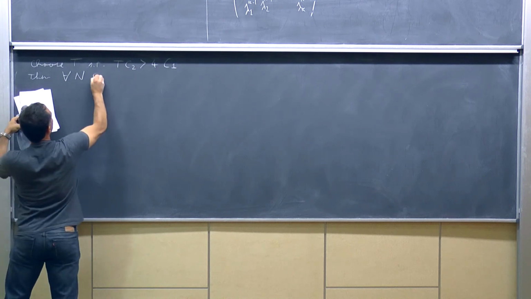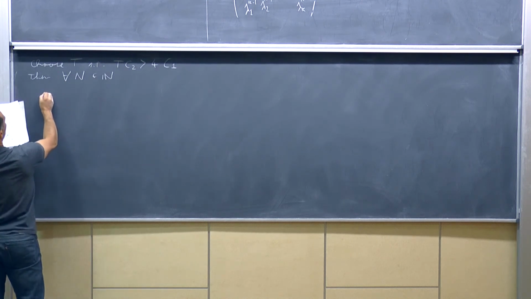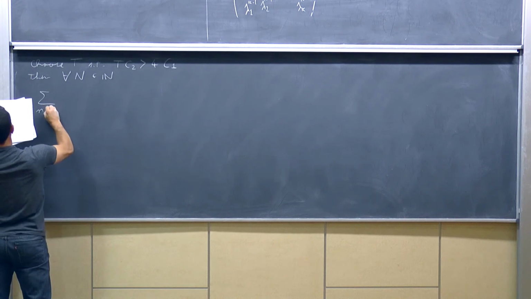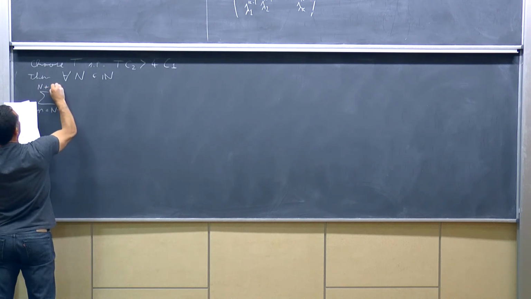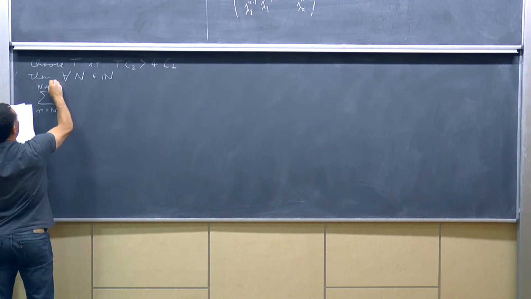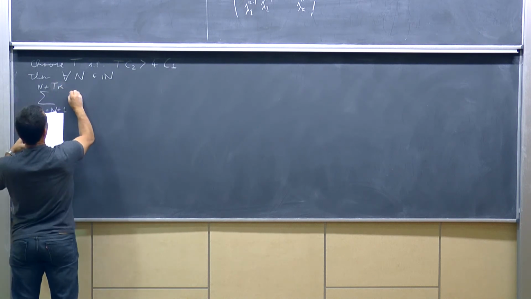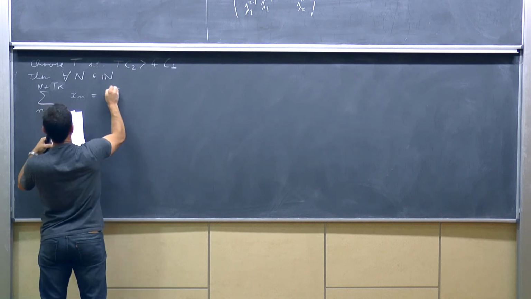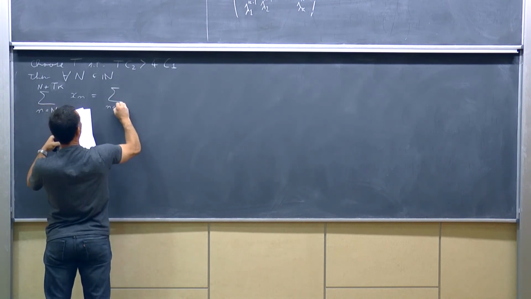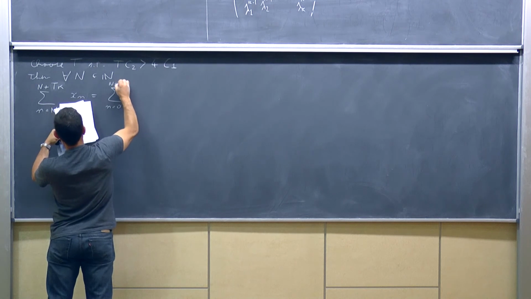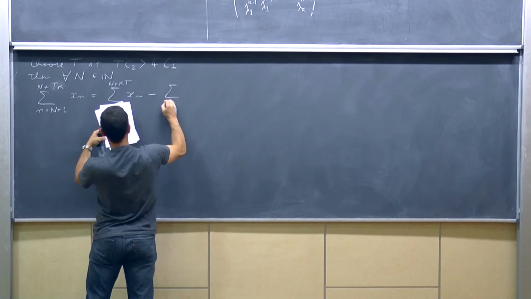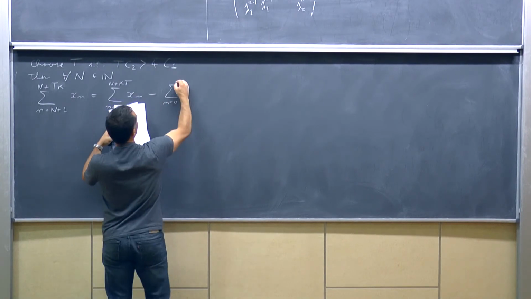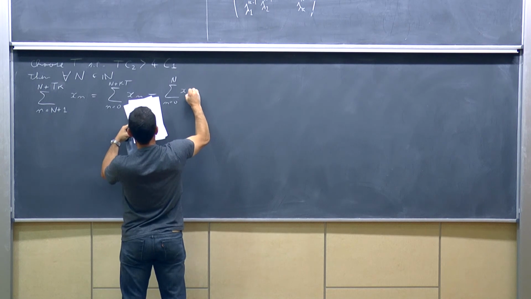Then for all n as natural numbers, I can write the sum for n equals n plus 1 to n plus kt of x n as equal to the sum for n equals 0 up to n plus kt of x n minus the sum for n equals 0 to n of x n.